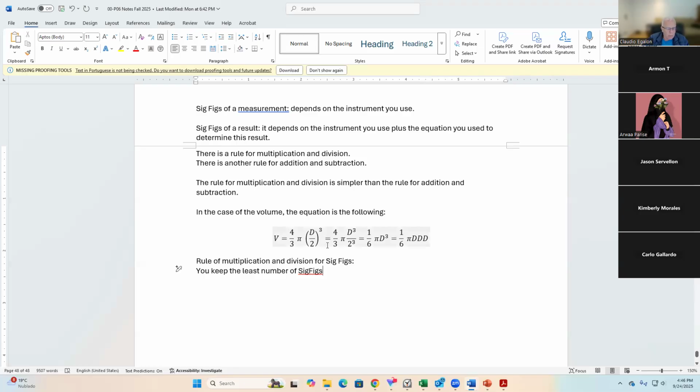You display the least number of sig figs in your final result. Okay. In this case, we have 3 Ds, right? But they all have the same diameter, same value, same number of significant digits.